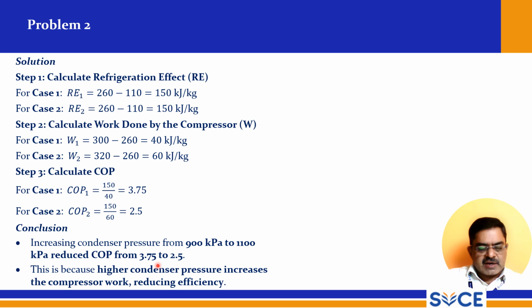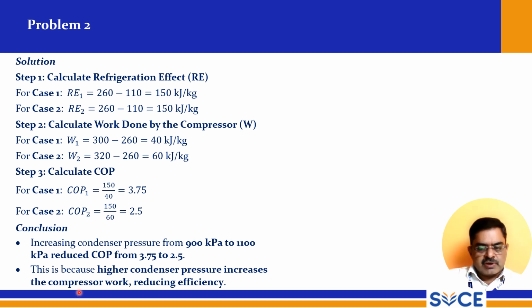This is because higher condenser pressure increases the compressor work and reduces the efficiency. So here W2 is more than W1. By increasing the condenser pressure, the compressor work is getting increased.